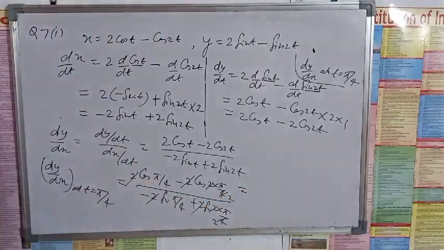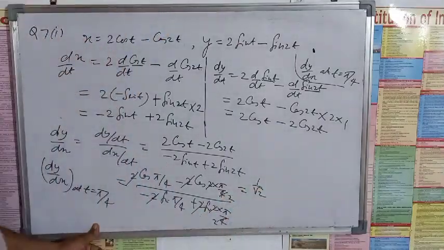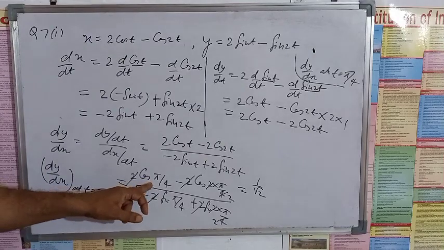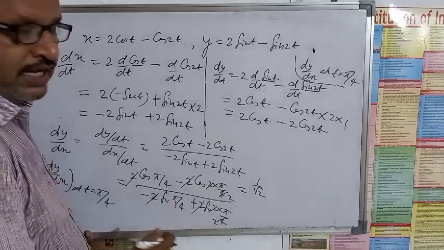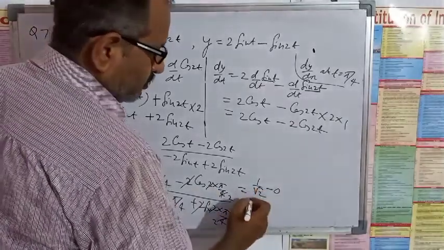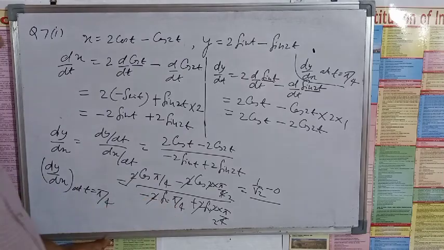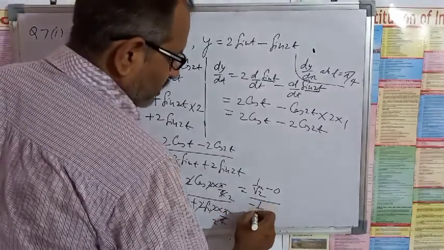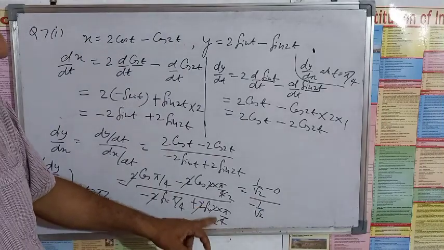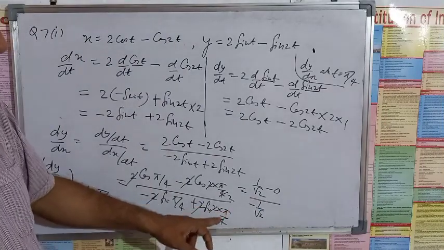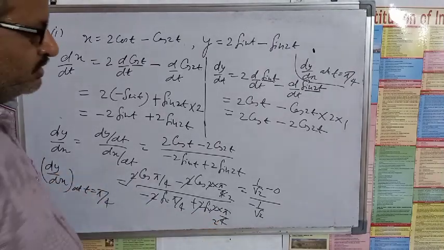What is cos pi by 4? Cos pi by 4 value is 1 by root 2, minus cos pi by 2. Cos pi by 2, 90 degrees, is 0. Denominator: minus sin pi by 4, so minus 1 by root 2, plus sin pi by 2, and sin pi by 2 value is 1.